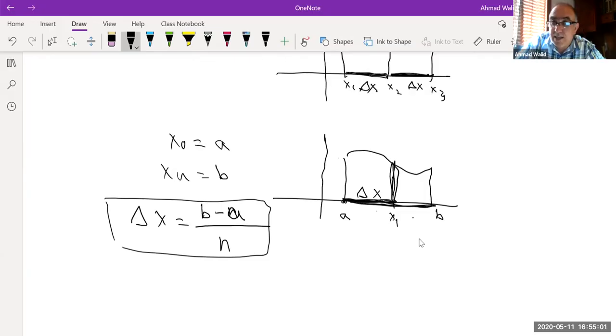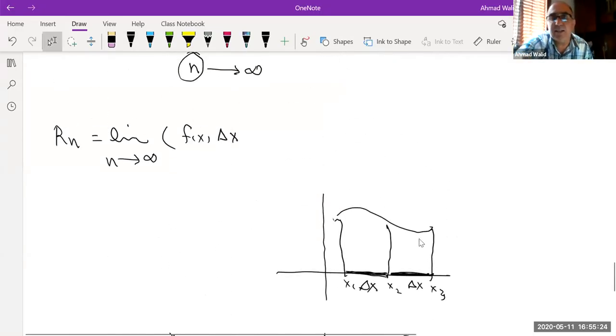This height in the formula, I name it f of x1. Actually, you see, this is your y1, right? In the previous example, you were squaring this number because the function was a square. Whatever the function is, this point or this side is the f of this point, right?